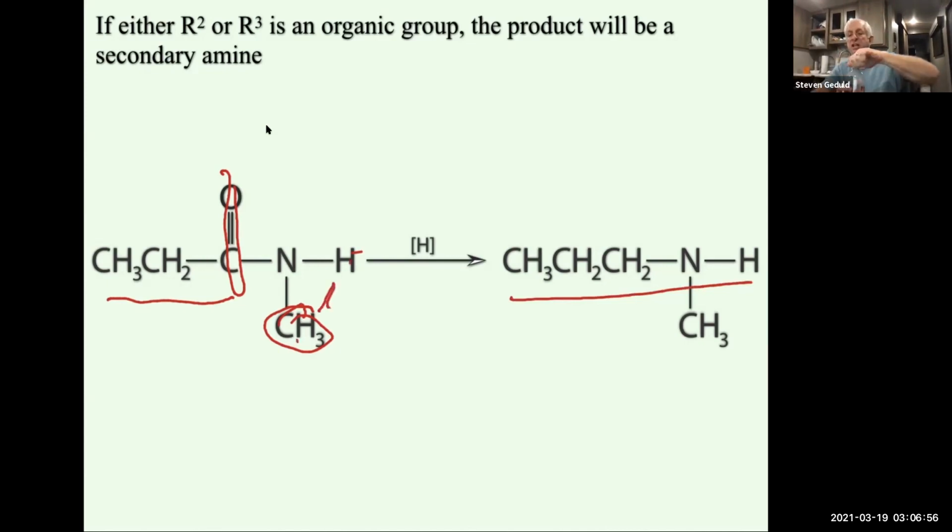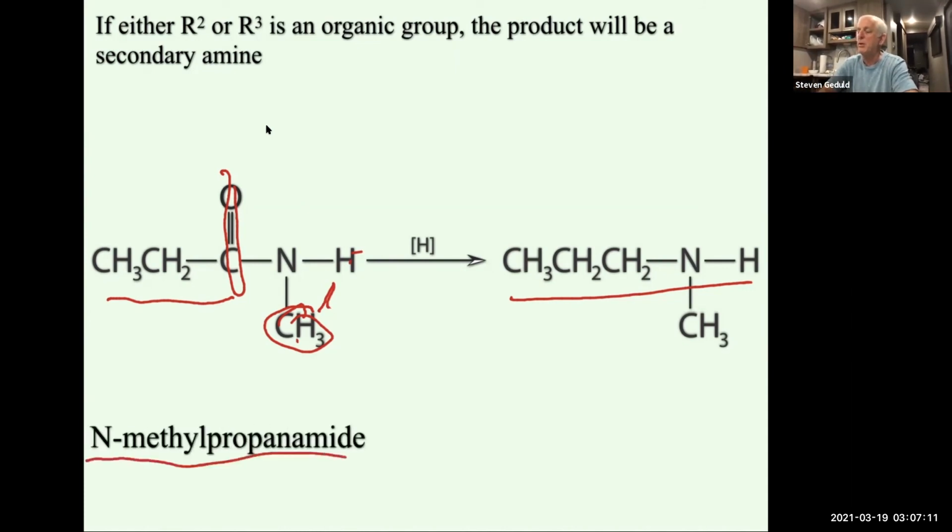If one of those is an alkyl group, an R group, then it's going to be a secondary amine. So this is N-methylpropane amide. Again, it's an amide because there's a carbonyl group attached between the N group and the R group there. So it's N-methylpropane amide, and the product would be N-methylpropane amine.